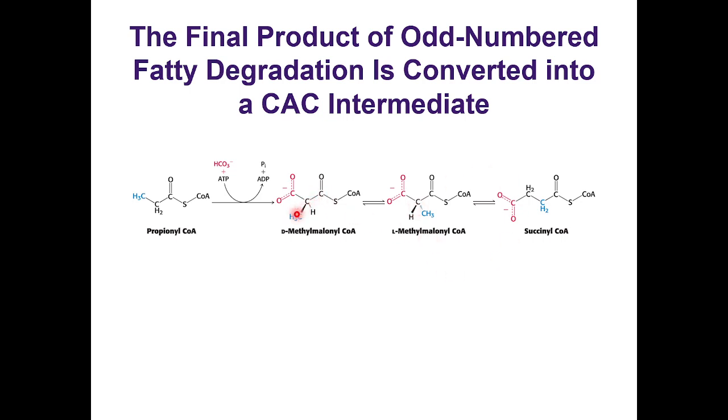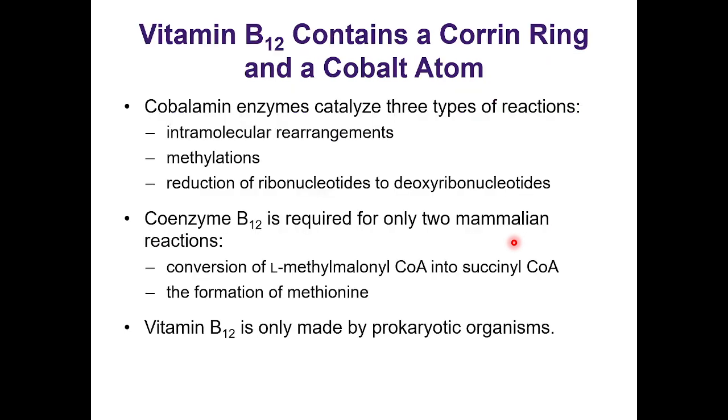Again, we've just swapped these 2 groups, right? See that? And so we flipped the stereochemistry here. And then the L-methyl-malonyl-CoA will be able to go to the succinyl-CoA. And so this is, again, that succinyl-CoA that you see in the citric acid cycle, etc. Okay? One of those ubiquitous molecules, right? That we can go into quite a few different pathways from.